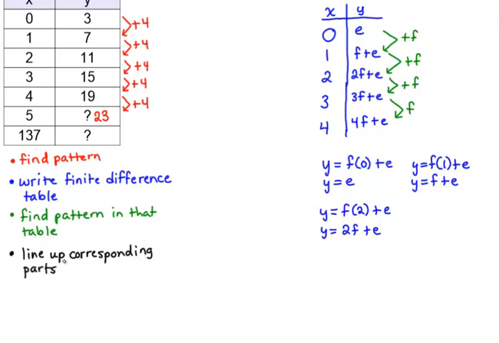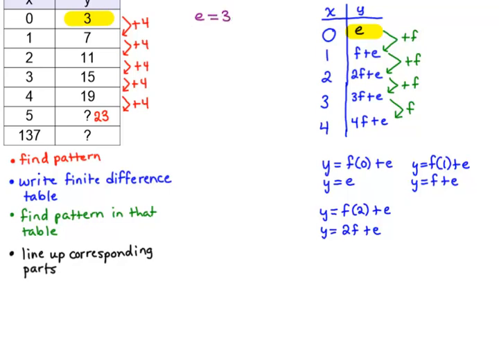Okay, so let's do that. I'm going to use purple. Actually, I'm going to use a highlighter. I'm going to look at my first answer, which was a 3. Where is that same spot on the other table? It's right here. So that's telling me that e is equal to 3.